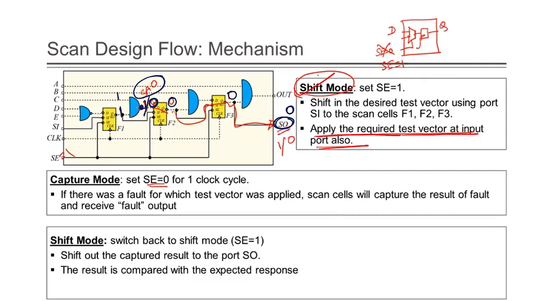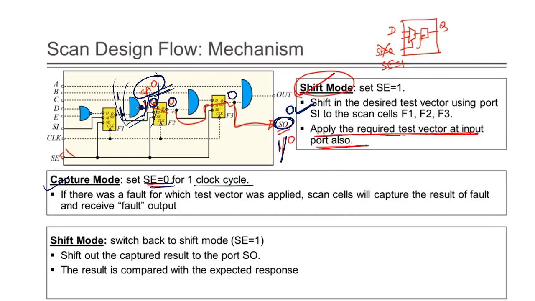Getting 0 means some fault is there in this design, so I can find where the fault is. Here the stuck-at-0 fault is found easily. Like this I can find the faults. Capture mode is SE equal to 0 for one clock cycle.